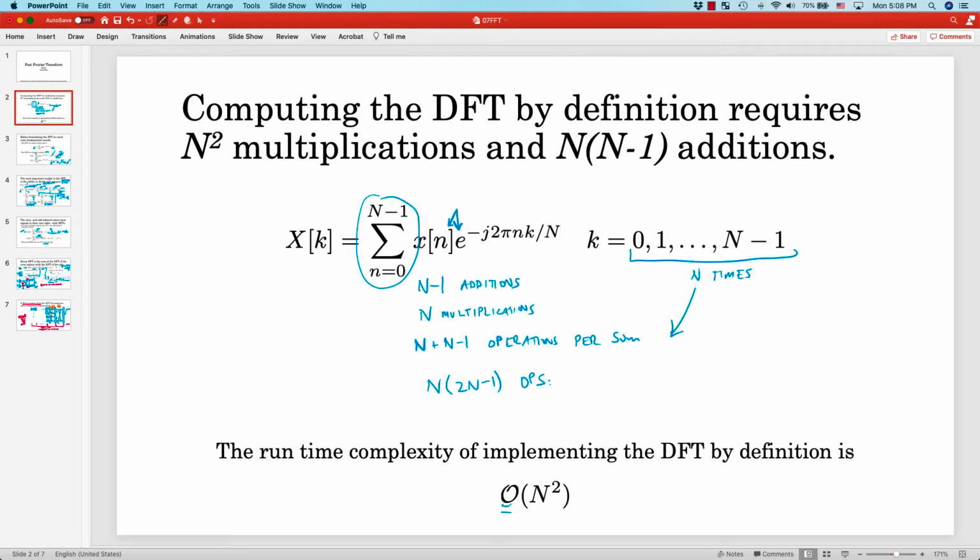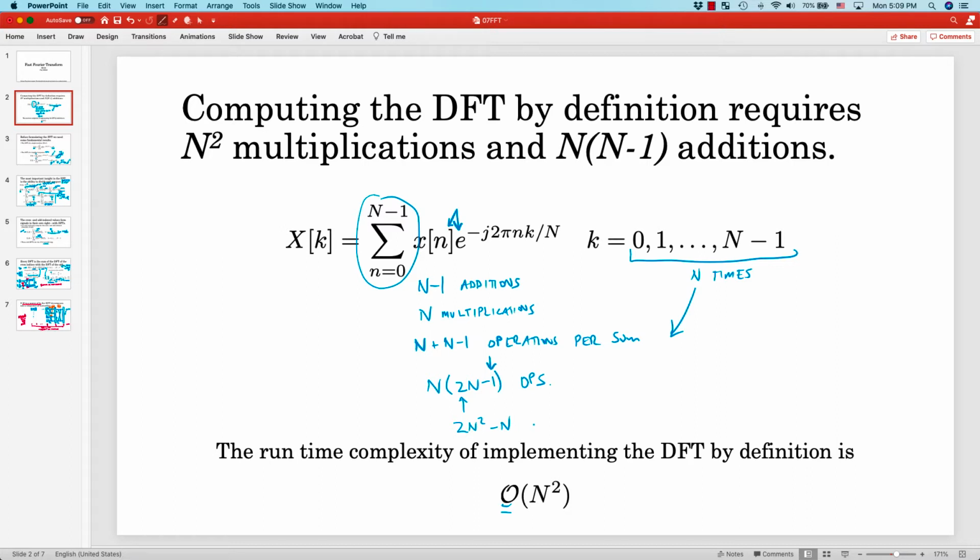Now, when we're comparing algorithmic complexities, what is typically done is we throw away scaling factors out in front of these functions, and we also tend to throw away lower order components of the functions. And so what you'll see is that this technically is 2 times n squared minus n operations per DFT.